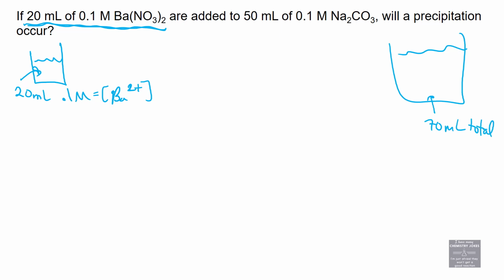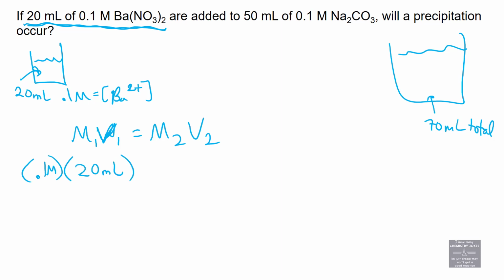And maybe that's a buzzword that you remember the dilution equation from before. M1V1 equals M2V2, dilution equation. You can think of it that way. Because it's a ratio type thing, we can say it's 0.1 molar barium times 20 milliliters. It's one of the very few times we don't have to convert to liters because it's a ratio.